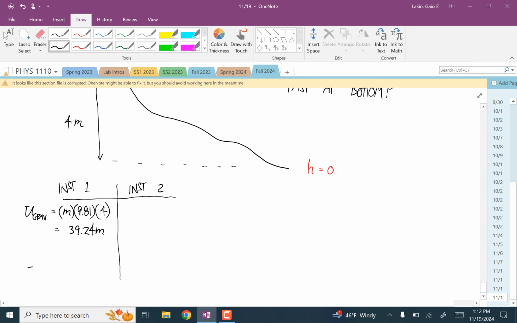And then the kinetic energy at the top of the hill, it says that he rolls over the top of the hill at 1 meter per second. So for kinetic energy, this is 1/2 times the mass times 1 squared, or in other words, I'll write it as 0.5 m.